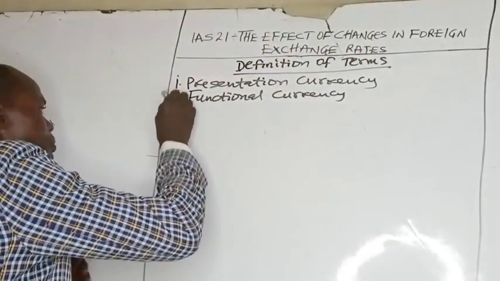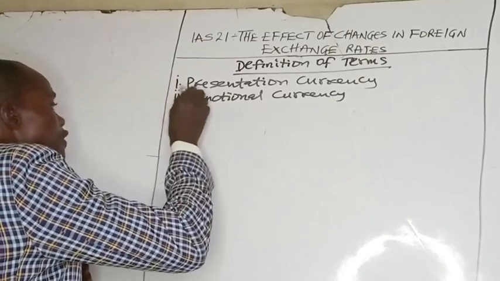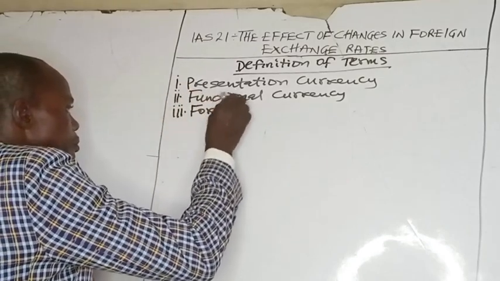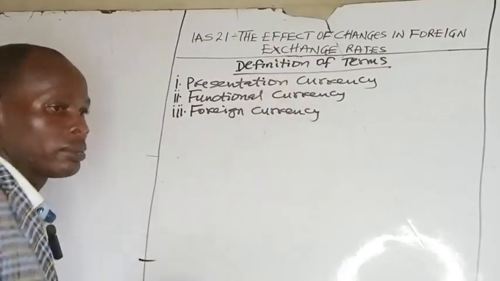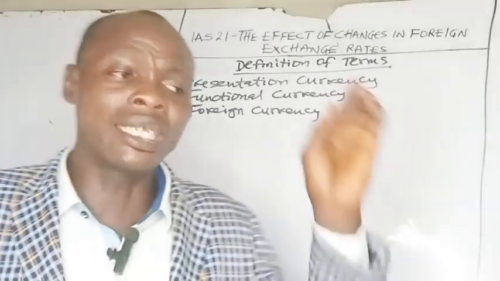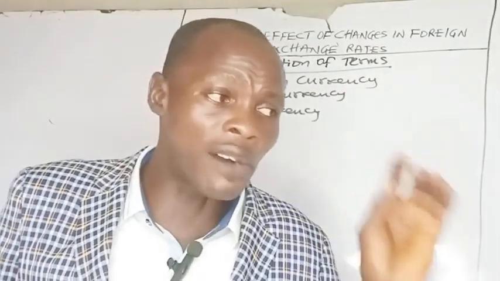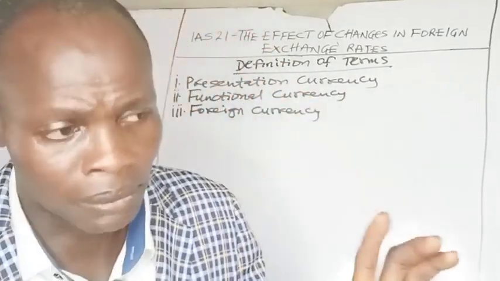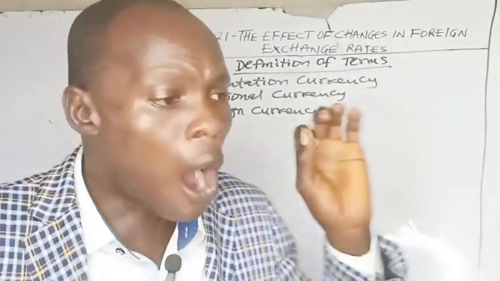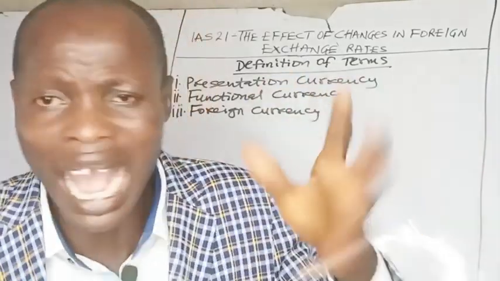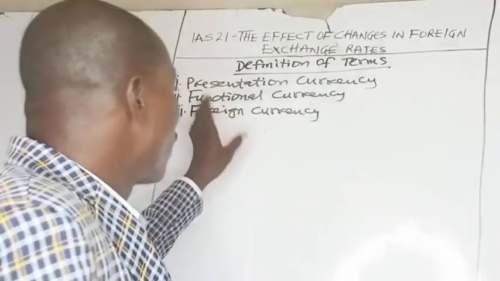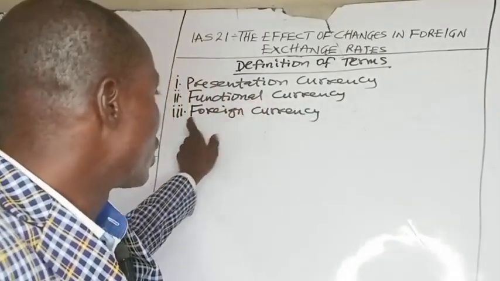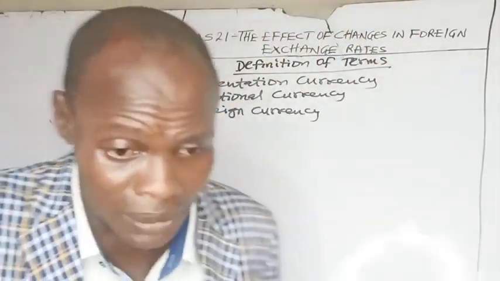Number three, we have foreign currency. Foreign currency is the currency other than the functional currency of the entity. Any currency other than the functional currency of an entity is said to be a foreign currency.